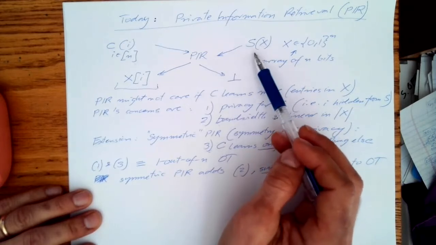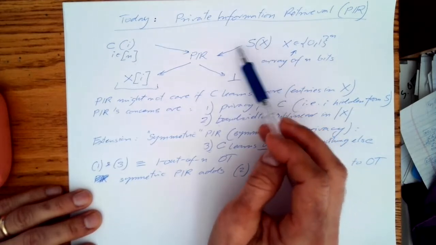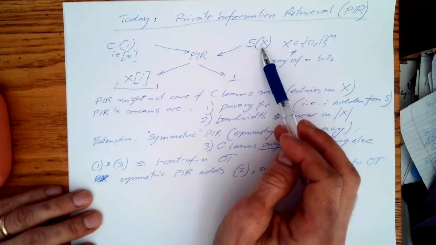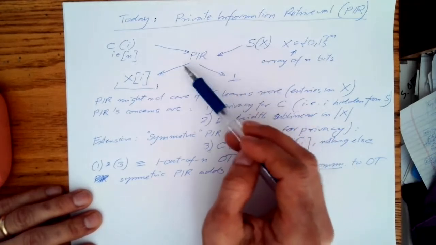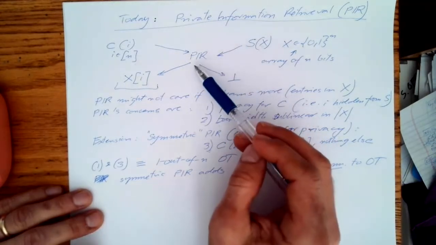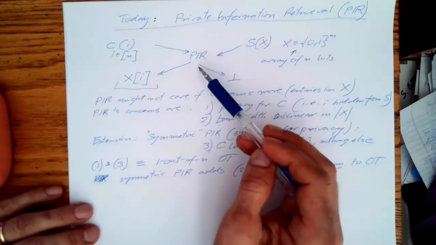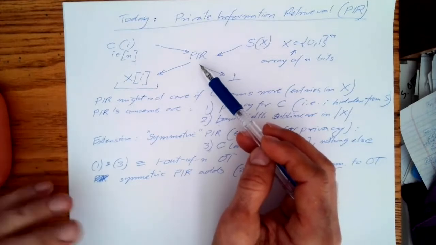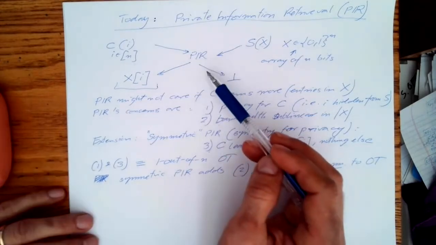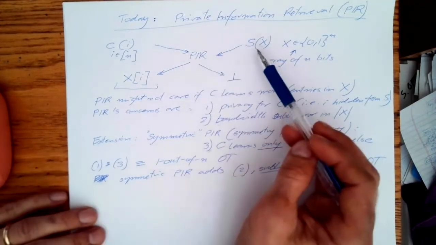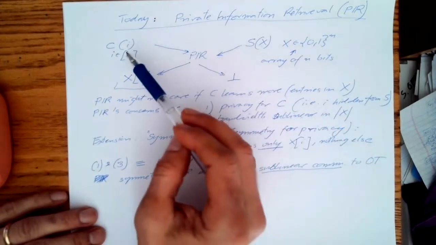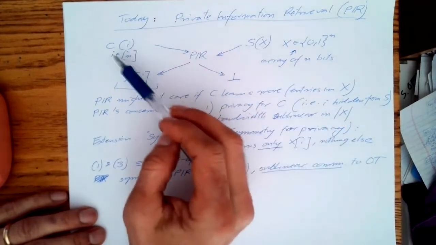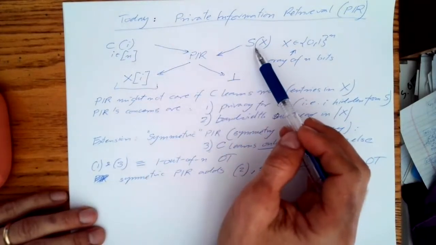Let's leave it as a question. But regardless of how you implement this circuitry, even if you manage somehow to do very few non-XOR gates, which I somehow doubt is the case, I think that you still have a non-linear number of non-XOR gates.